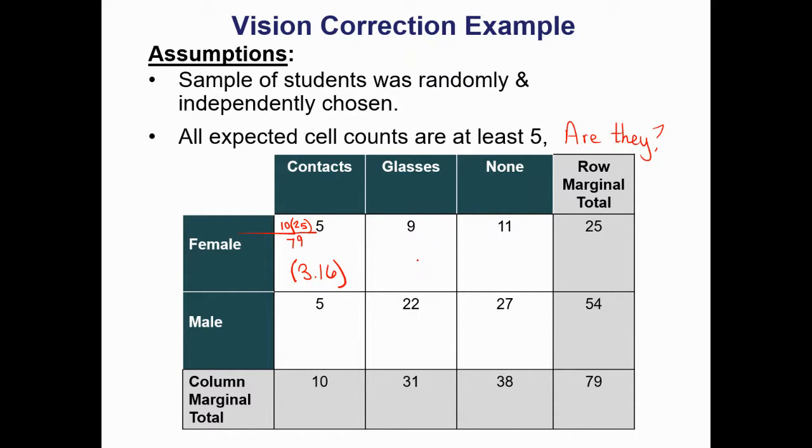So for the next one, how would I calculate those marginal totals for females with glasses? 31 times 25 over 79.